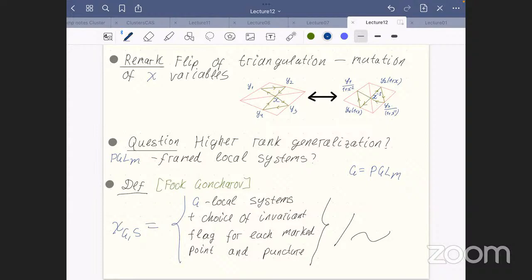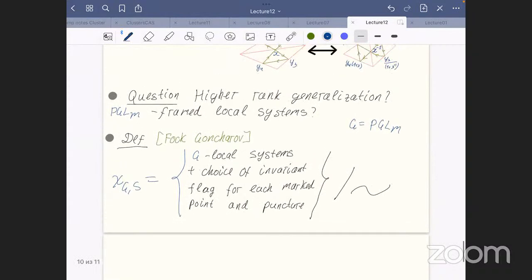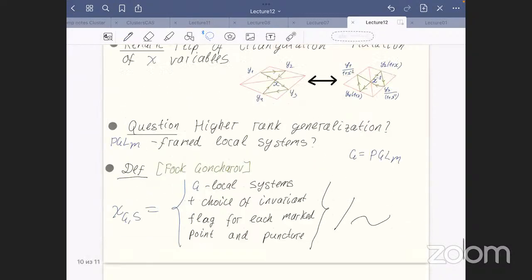So we have the exponent of this behavior, but we don't have this logarithm. But if we have two connections with the same monodromy, in this case, it would be true that they are gauge equivalent.